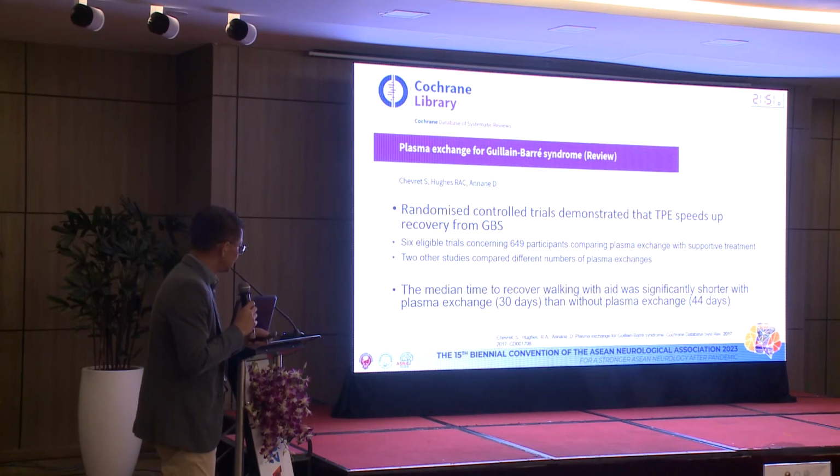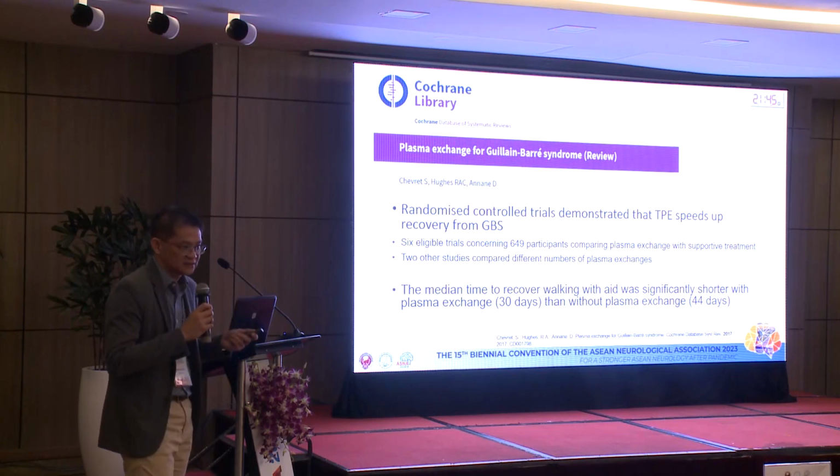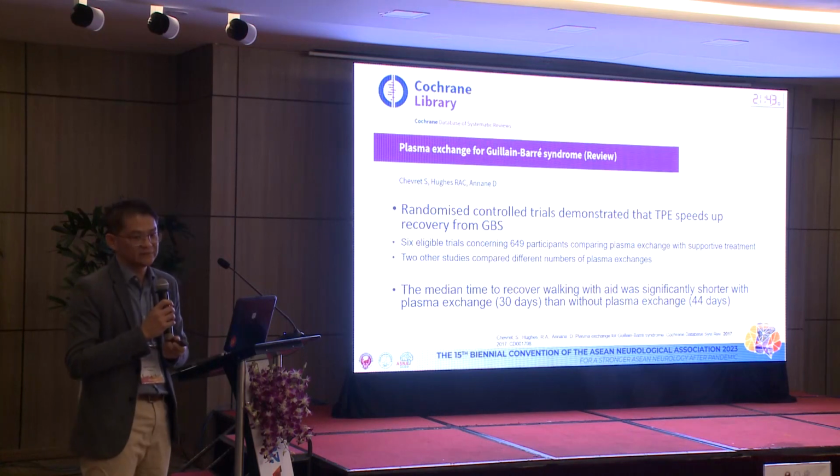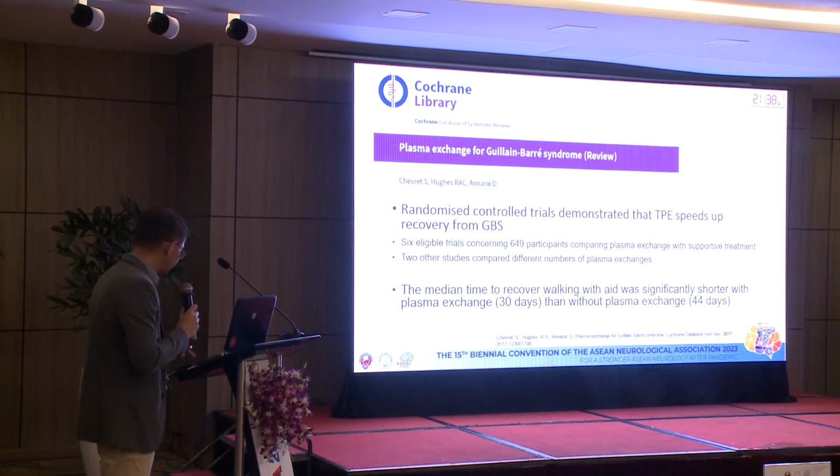And you can see from here, the median time to recover walking with aids was actually 2 weeks faster for those who received plasma exchange, compared to those treated conservatively.